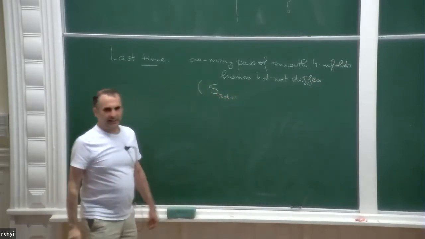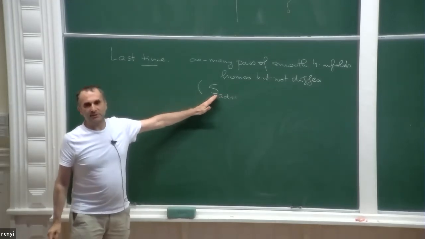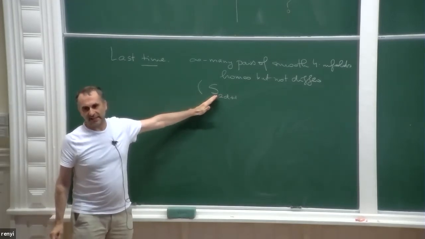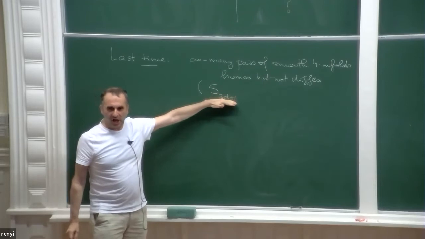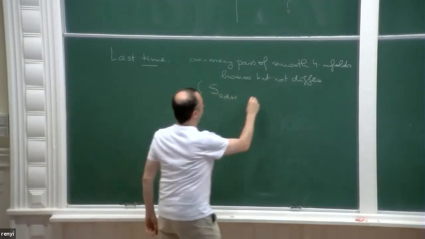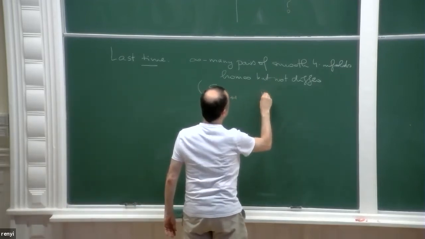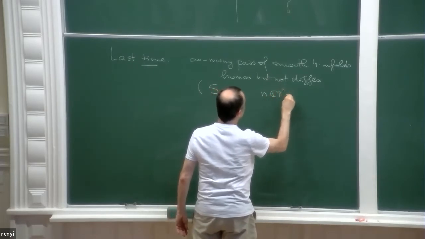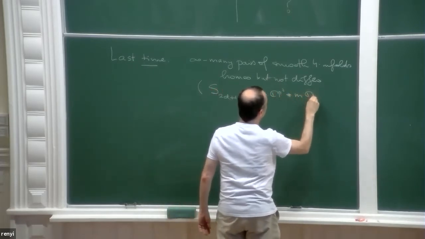And if you remember, I advised you to take these hypersurfaces in CP3 of odd degree, and as a counterpart, some number of CP2s and some number of CP2 bars.